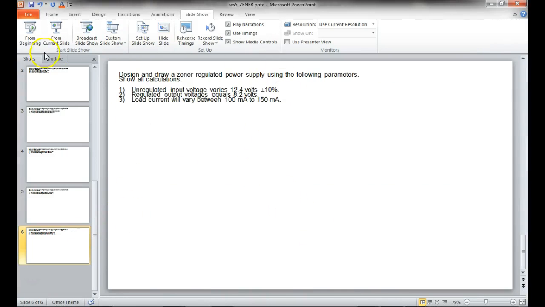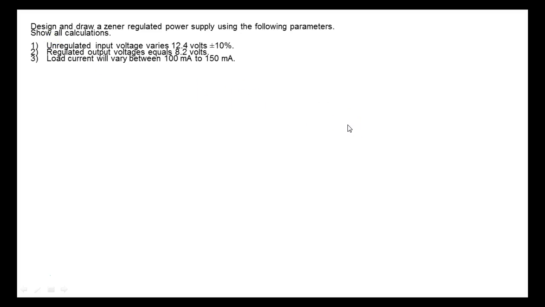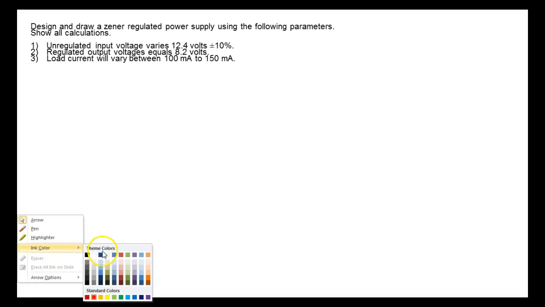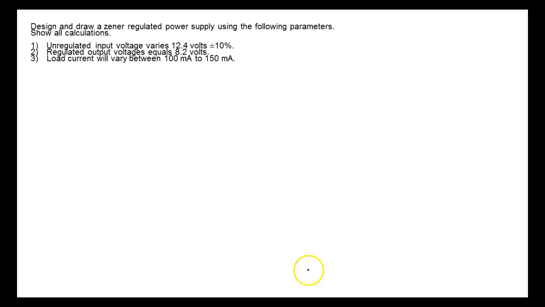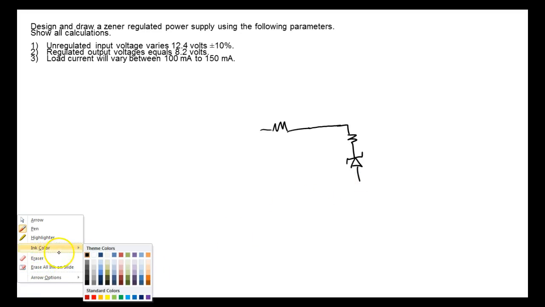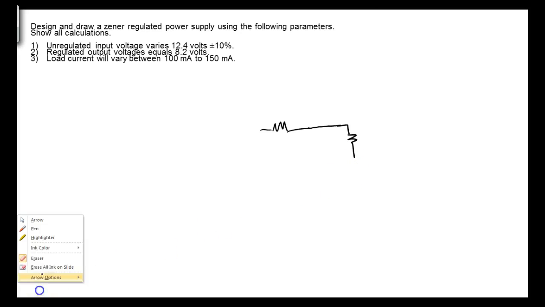And I didn't erase mine. So what should your circuit look like? Here, what we're going to do is simulate a varying input voltage. I think we use a 10K pot because that's what we have.